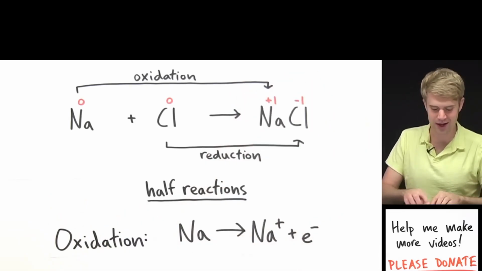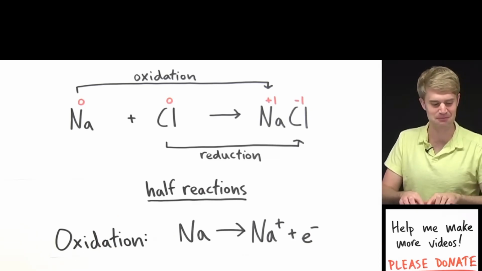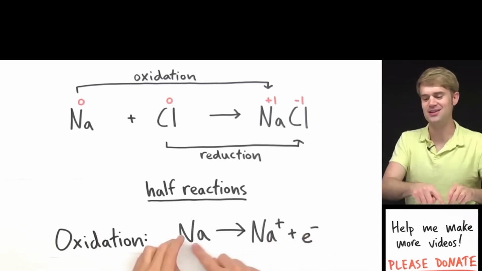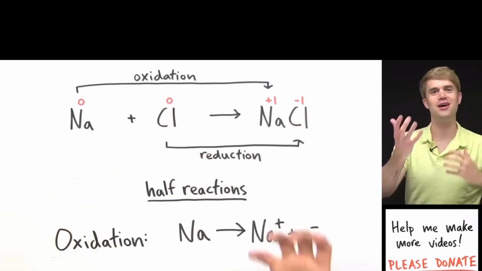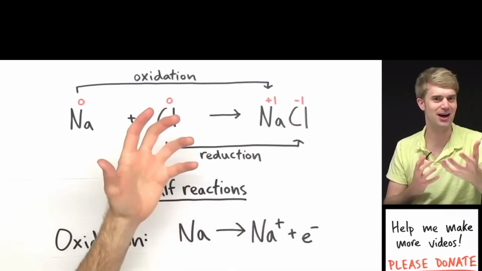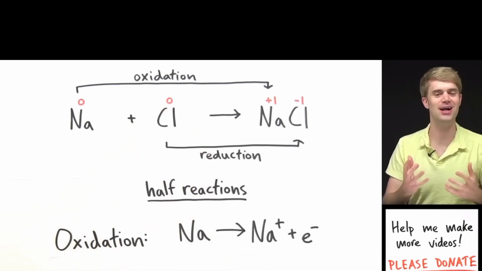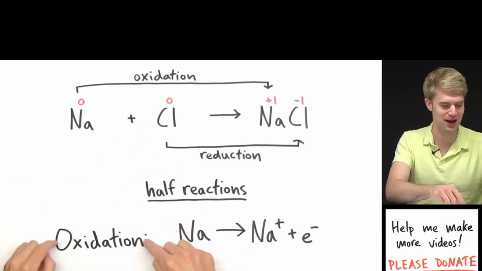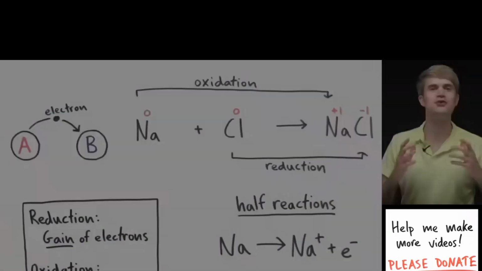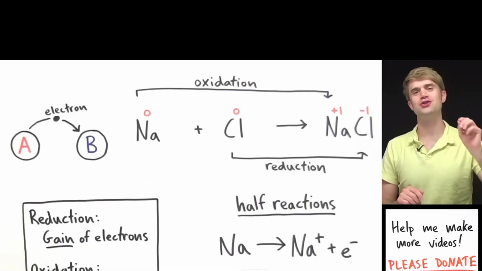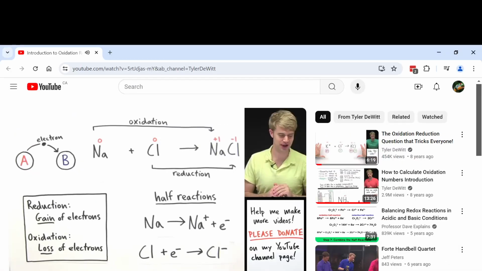The electron here that chlorine is gaining is the same electron that sodium was releasing. So oxidation and reduction always have to happen at the same time. They always have to happen in parallel. You can't have reduction without oxidation. You can't have oxidation without reduction. So that's an introduction to oxidation reduction or redox reactions.